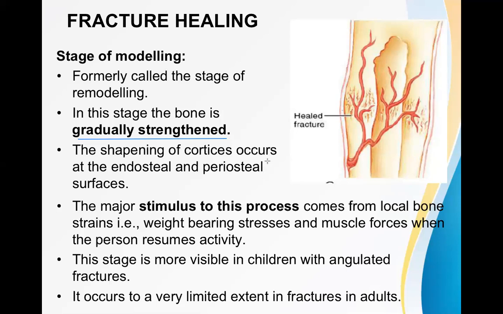If I check an X-ray of that particular fracture site after many years, this is what happens. Now, the scalloping of this cortex occurs at the endosteal and periosteal surface. The endosteal surface is the inner one, the periosteal surface is the outer one.